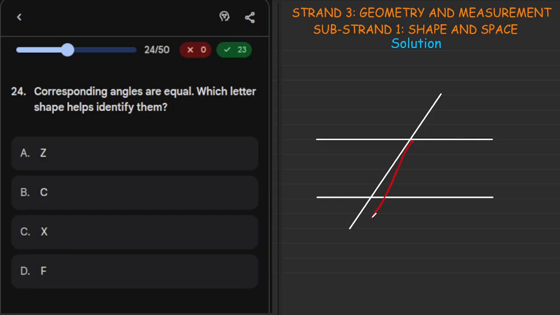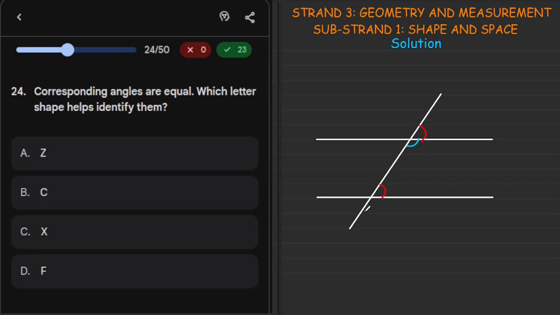There is another one here which looks like an F, and for the F, it helps us to get what? The corresponding angles. So the corresponding angles are these. This angle here, and then this. You see, they correspond to each other. And we say the corresponding angles are always equal. The same applies to this you have here.